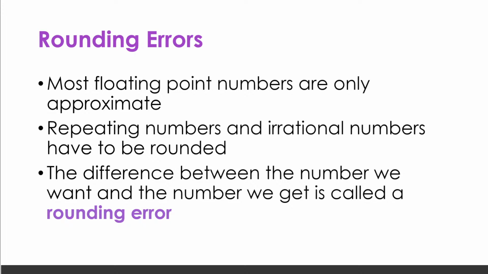When we look at floating point numbers, or especially long decimal numbers, they're really only ever approximate. Right? For example, if we look at something like pi. Pi extends off into infinity. But I don't have an infinite amount of memory in my Java program to store a pi double variable.